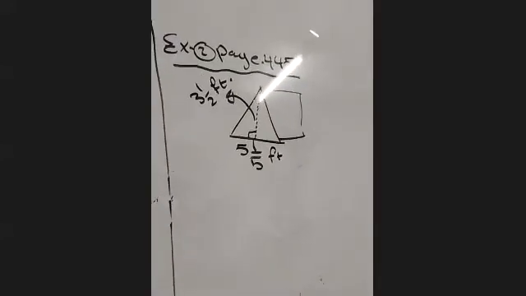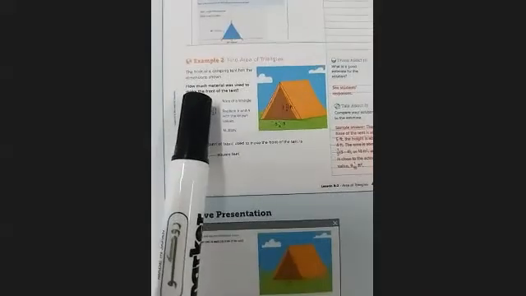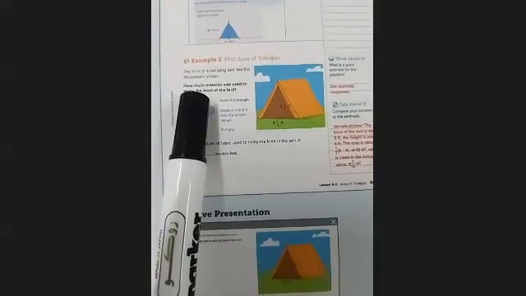So here, yalla. What's the base? 5 and 1 over 5. What's the height? 3.5. Now what does the question want? Read the question. How much material was used to make the front of the tent?